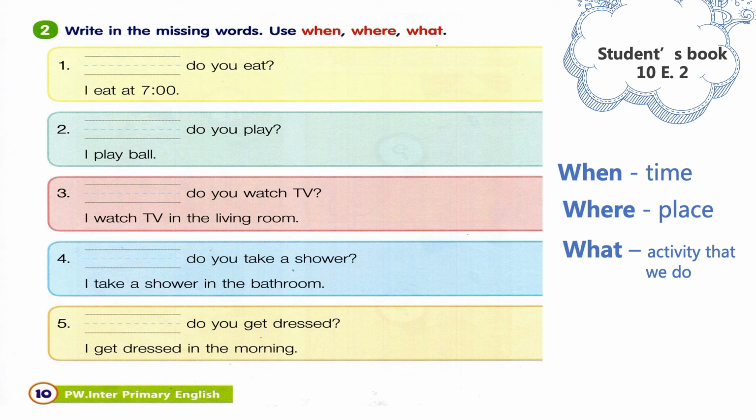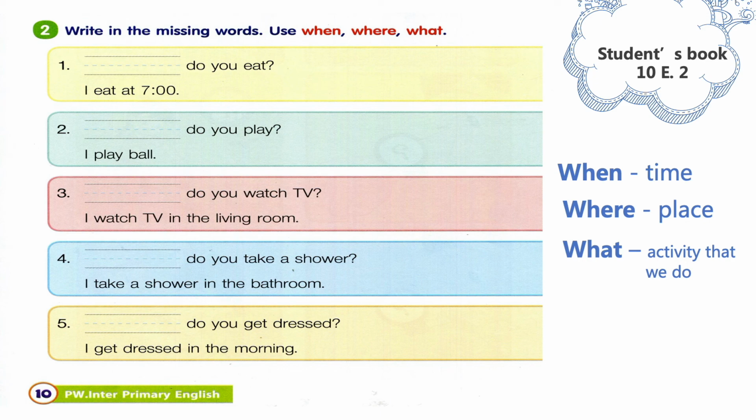I sleep in the bedroom. So what's the place there? It's the bedroom. Next, what. What talks about the activity that we do. For example, what do you watch? I watch cartoon movies. So are you ready? Let's answer.